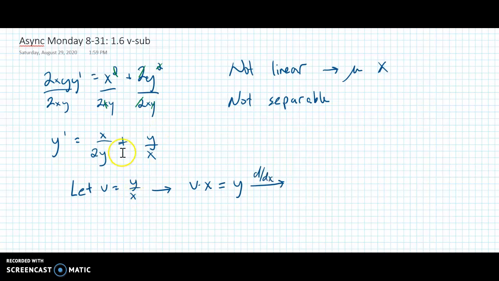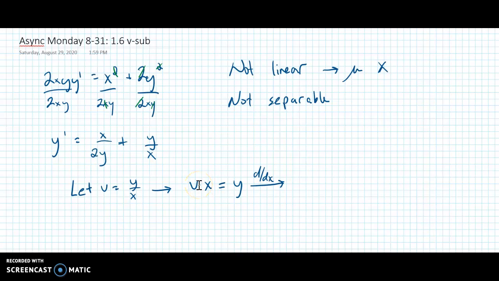And then the next step, I'm going to differentiate with respect to x. Why am I doing that? Well, if I let v equal y over x, this guy is going to turn into a v. But I've got a y prime here. When I substitute all this in, I don't want any y's left in my equation, but I want it to be equivalent. So I'm going to take the derivative here. Notice I've got multiplication, so I have to use the product rule.